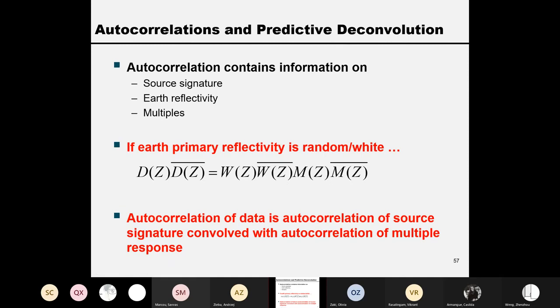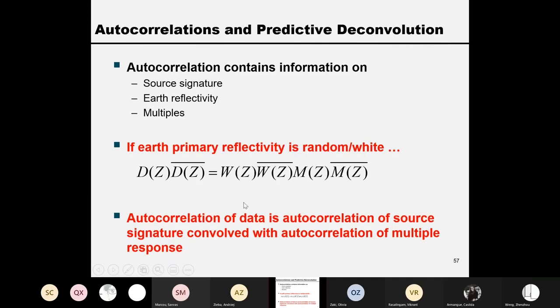so the autocorrelation here is not only the autocorrelation of wavelet, which is W multiplied by complex conjugate of W, but also the autocorrelation for multiples, which is M and the M complex conjugate, right? That's different from the previous slides. Previously, we said after autocorrelation, we only have a wavelet.